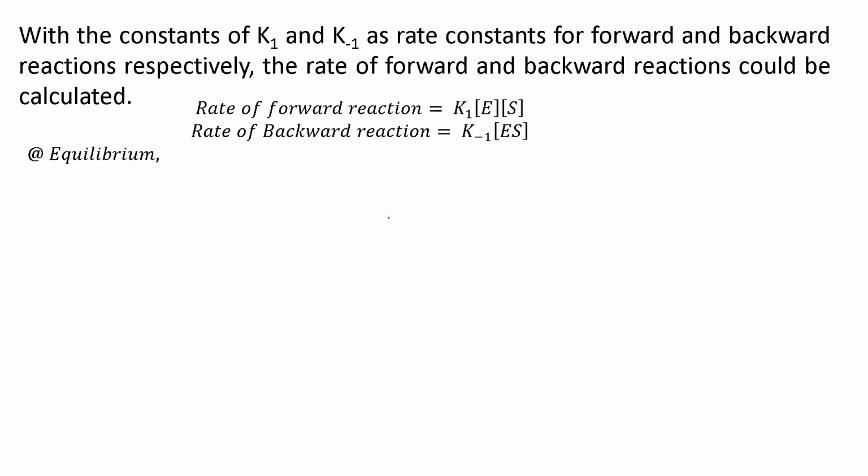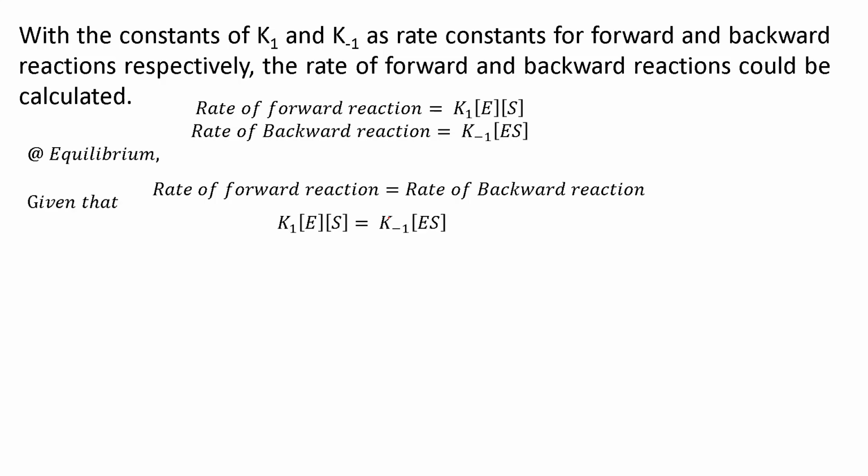So at equilibrium, we say that the rate of forward reaction will be equal to the rate of backward reaction. And this will give us that K1 multiplied by free enzyme concentration multiplied by S is equal to K minus 1 multiplied by ES. So we can make ES the subject of the formula. Remember, in solution, we don't know the quantity, so we can calculate the quantities if we know the other parameters.